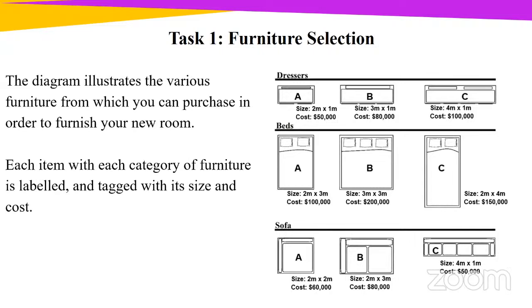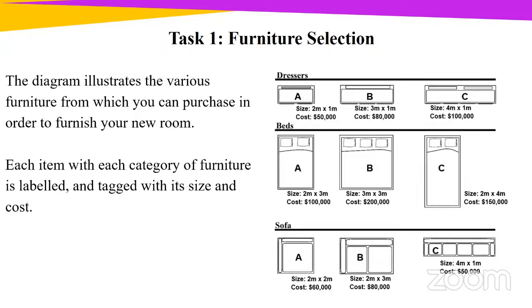Miss, can you repeat, Miss? Which of the beds would be most expensive? We're looking at the bed category of furniture now. Which one would be most expensive? Bed B, Miss, because it's $2,000 and the size is 3 meters wide and 3 meters long.